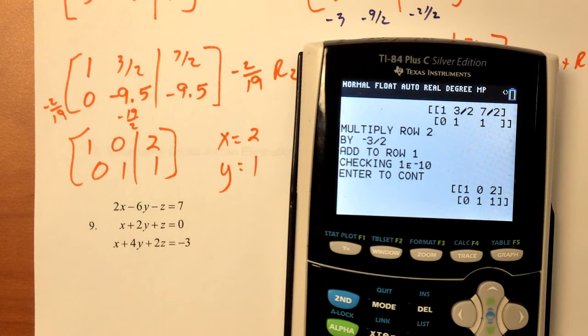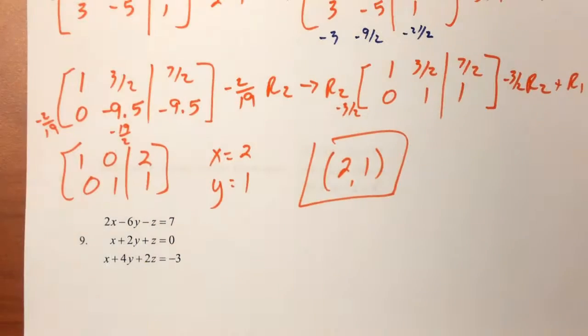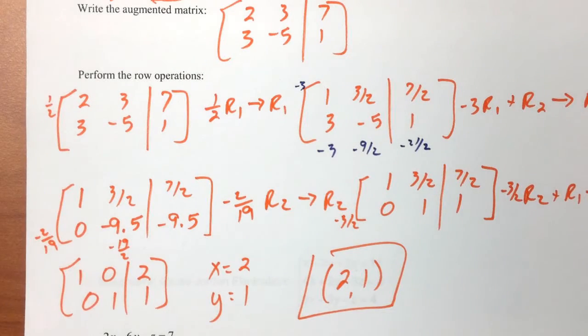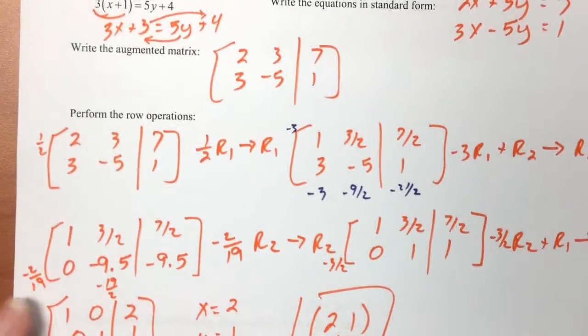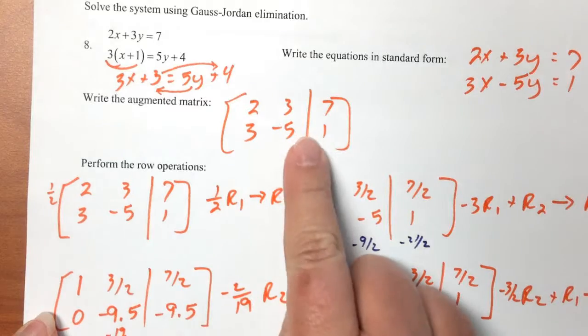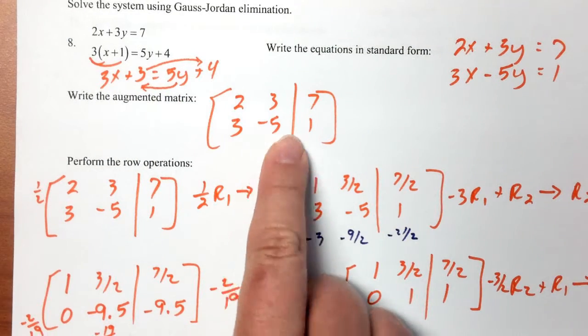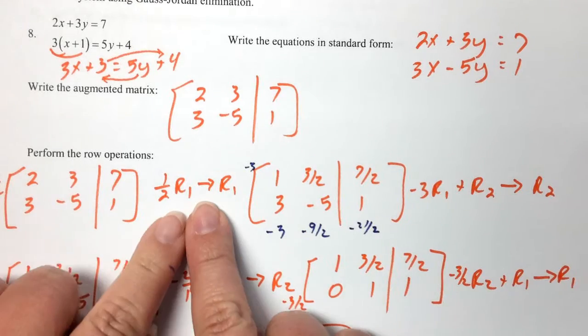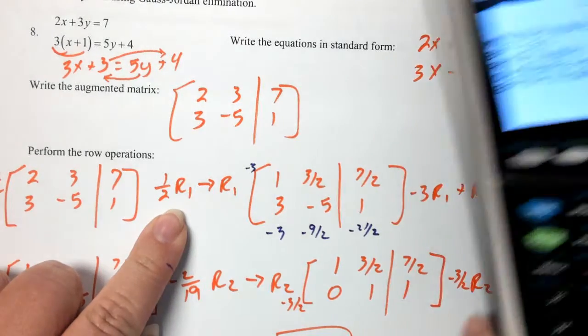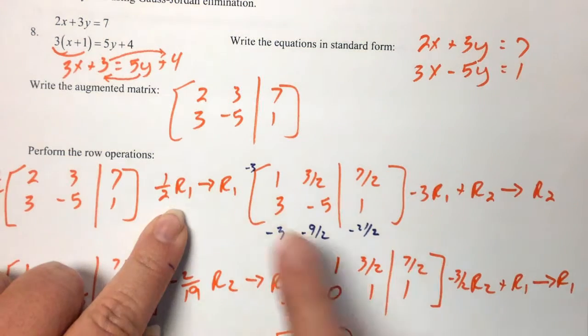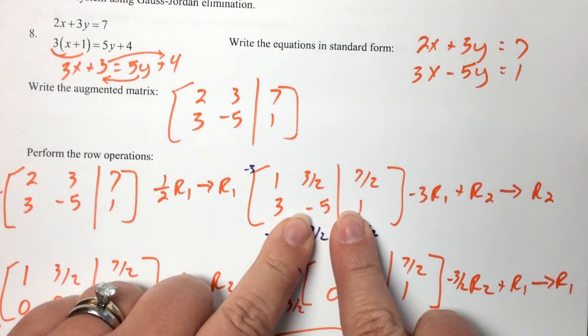Okay, let's talk about what I need to see on your paper. When we have a test, I will give you a system of equations or a matrix, or I may give you the system and ask you to create the matrix first. But once you have your matrix, you'll write that down. You'll write the row operation. You can use your calculator to perform the row operation, but write down what you get.